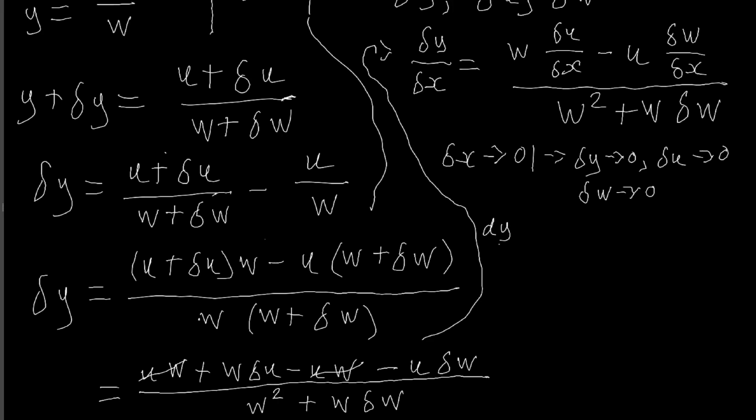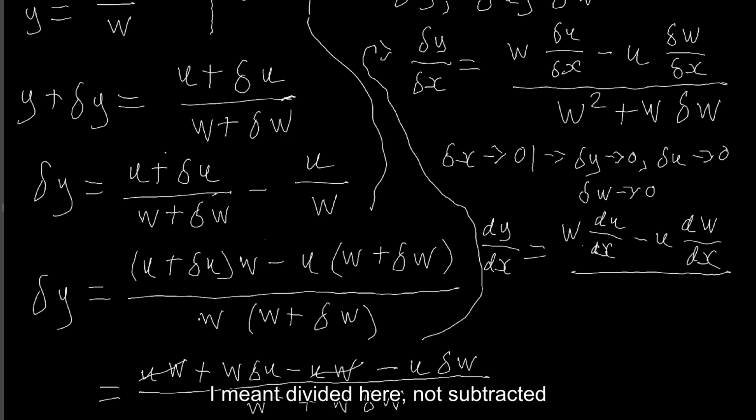So dy over dx is going to be equal to w multiplied by delta u over delta x, which is going to approach du over dx, subtracted by u multiplied by delta w over delta x, which is going to approach dw divided by dx.